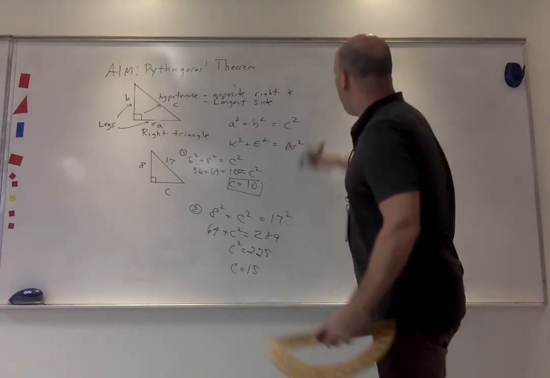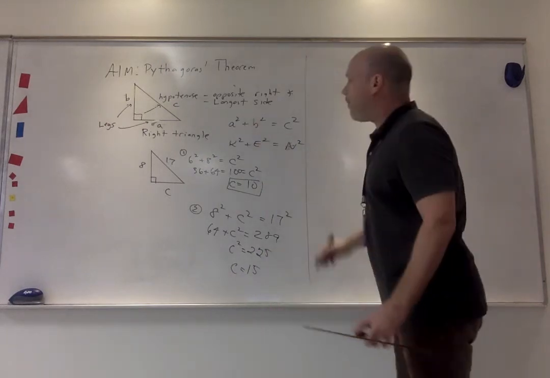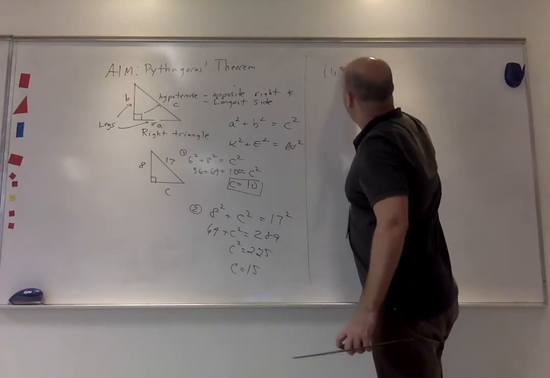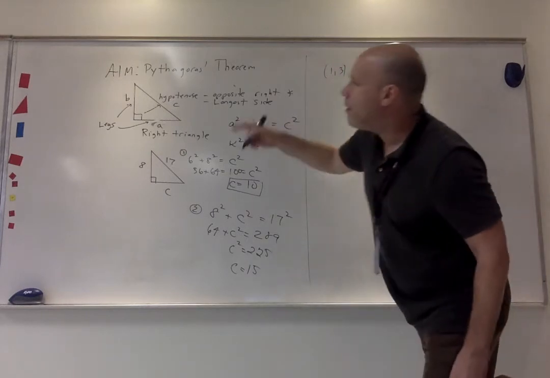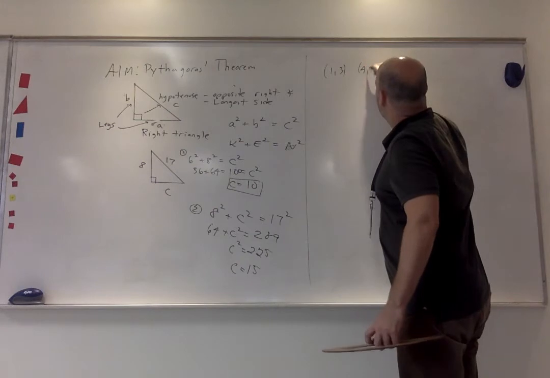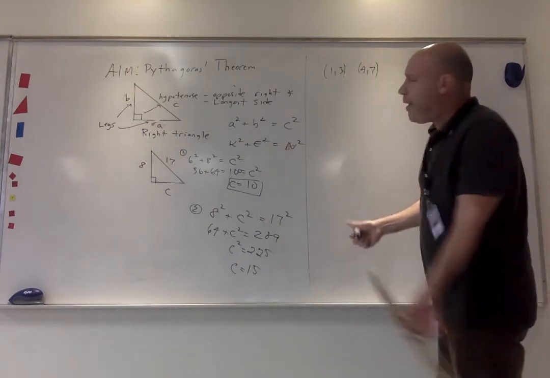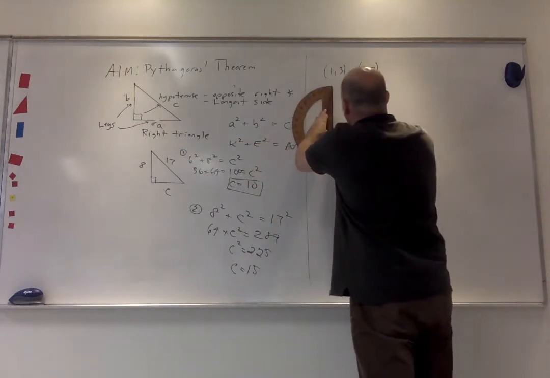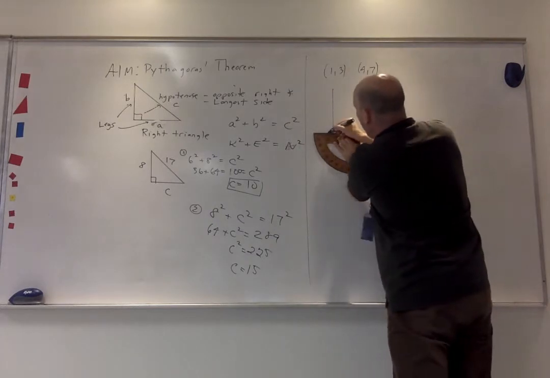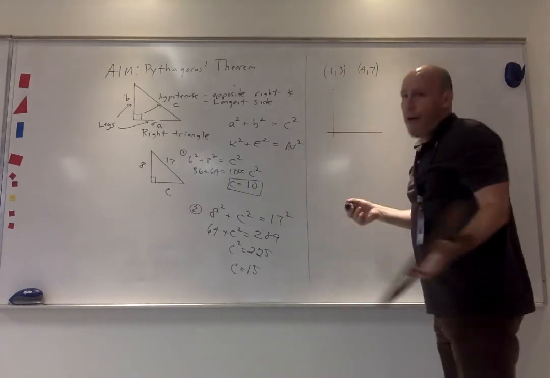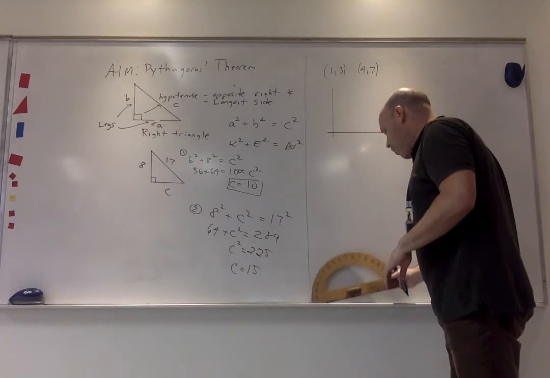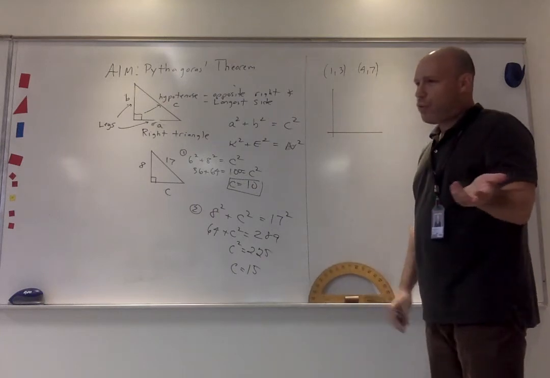So the first problem we had asked us to find it for the points 1, 3, and 4, 7. And so what we did was we can graph these two points on graph paper, or you can graph them on Desmos or GeoGebra.